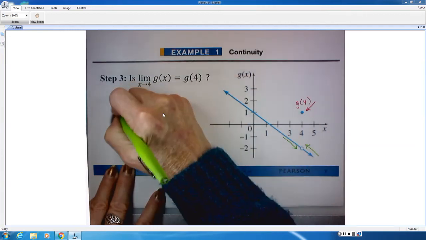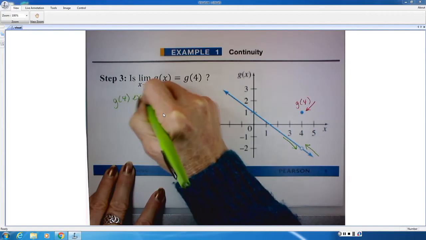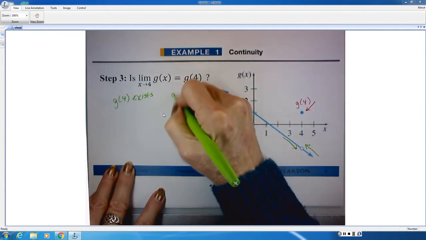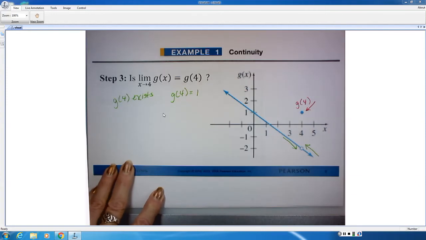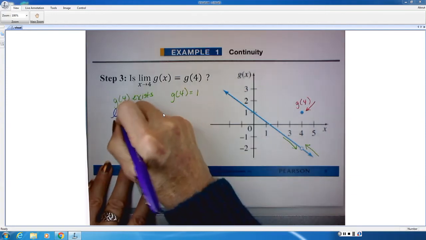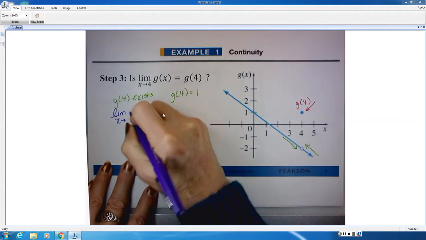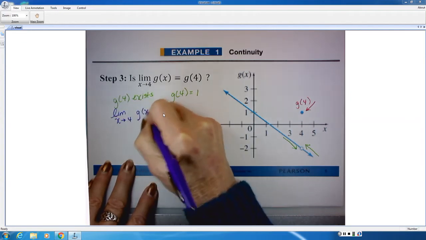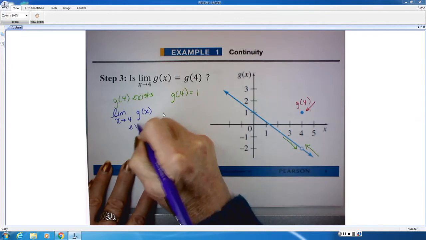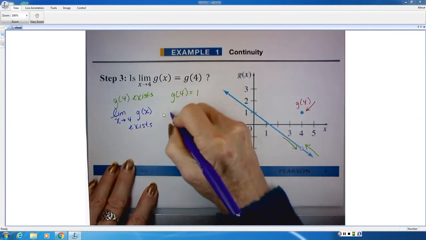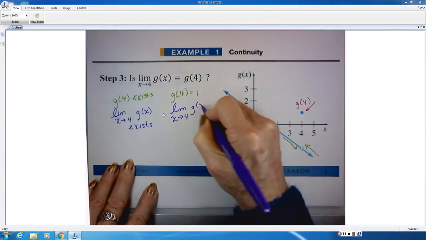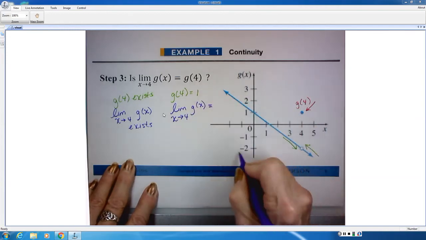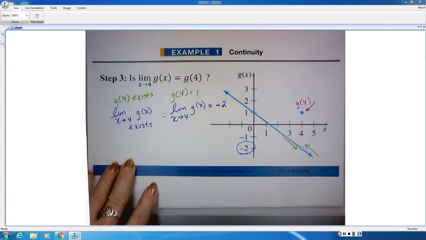So g of 4 exists, and g of 4 is equal to 1. The limit exists. And in fact, that limit is equal to -2.